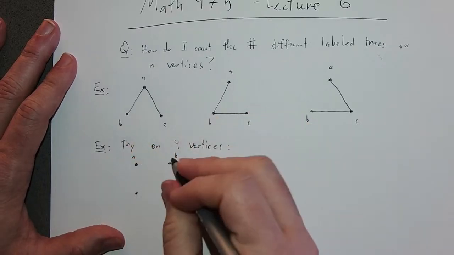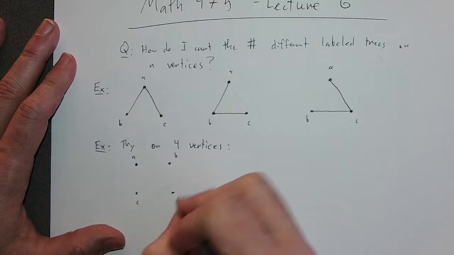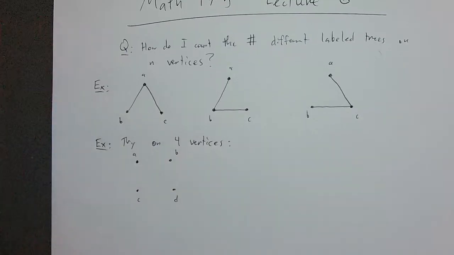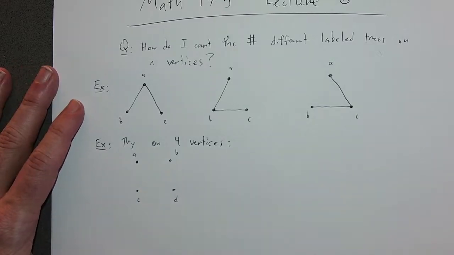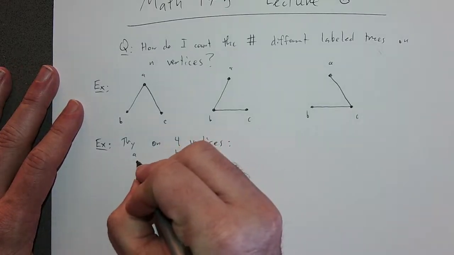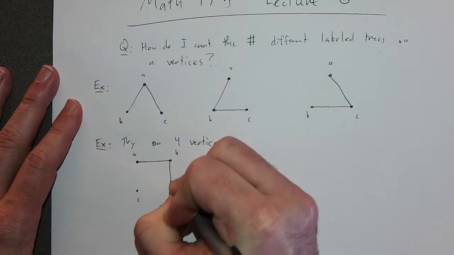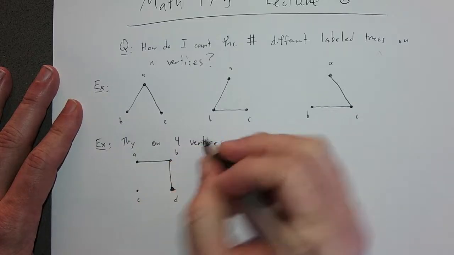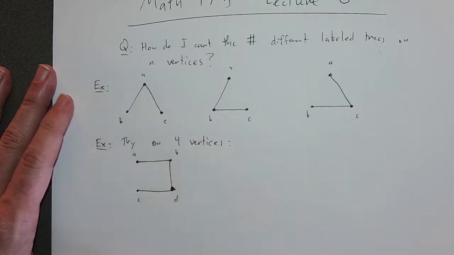So we'll say A, B, C, D. Now you can try to do what you did before about which vertices are going to have degrees 1 and which are going to have degrees 2 or more. But this is a little trickier here because I have 4 vertices, so there's some more options here, right? I could have a path, right? This could be the path P4.